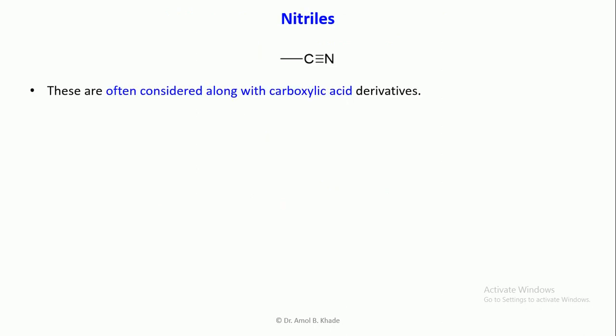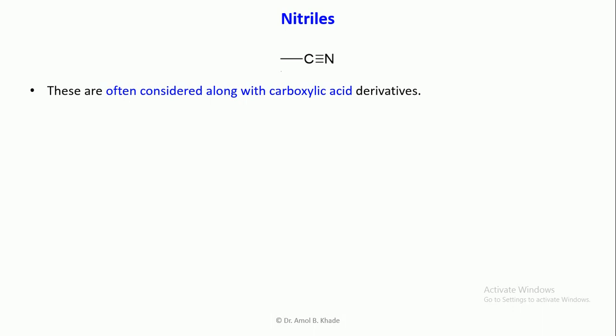Then whenever we talk about the carboxylic acids and the derivatives of the carboxylic acid, along with these derivatives we also consider the nitriles, because they can be interchangeably used, and you can easily synthesize these from one of these derivatives.